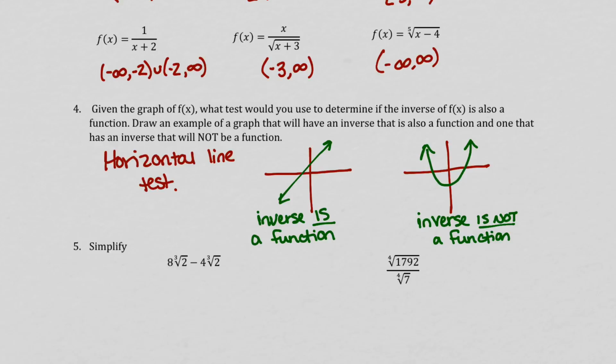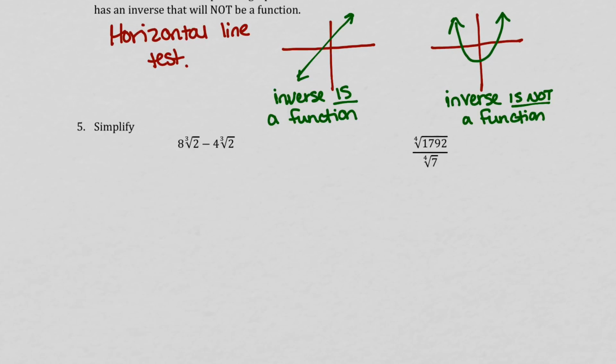All right. And then for number 5, it wants us to simplify these two. All right, so if we look at 8 times the third root of 2 minus 4 times the third root of 2, we want to do that subtraction there. Now, the third root of 2 is the same in both terms, so we can think of it as like x.